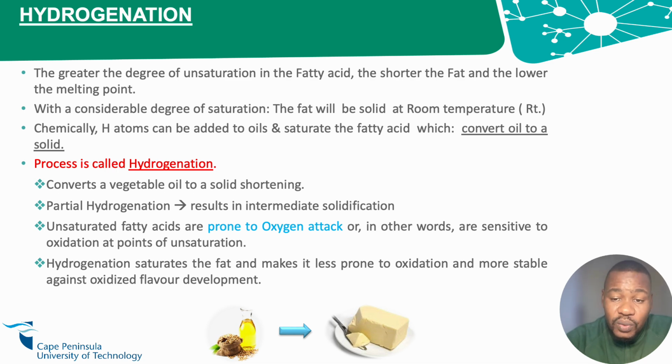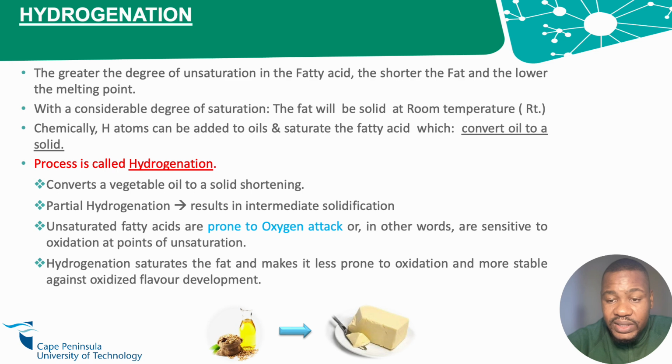Because of the points of unsaturation, hydrogen atoms can be chemically added to oils. We add these hydrogen molecules to saturate the fatty acids, and this converts the oil to a solid at room temperature.